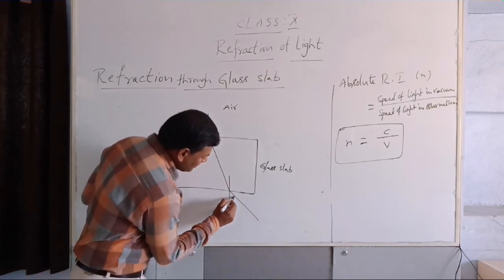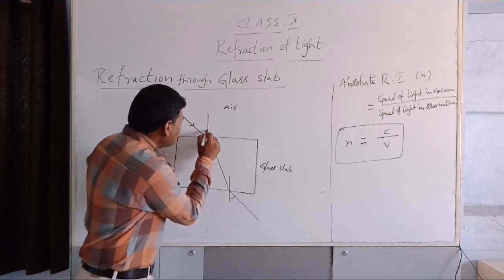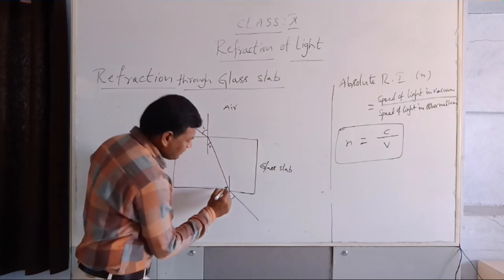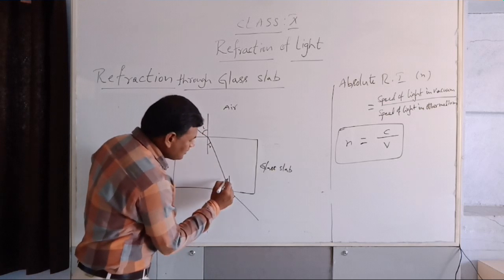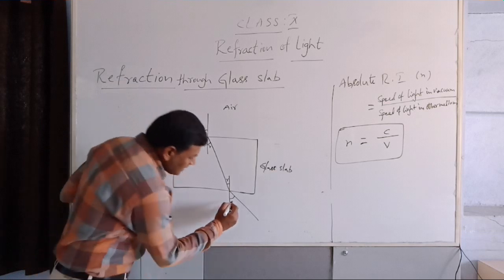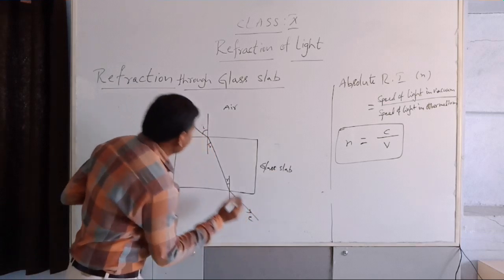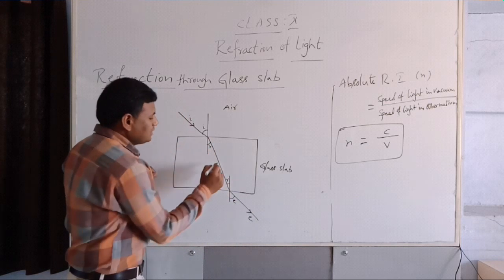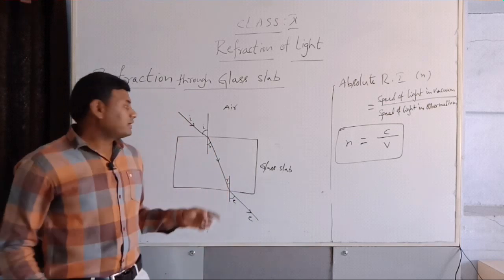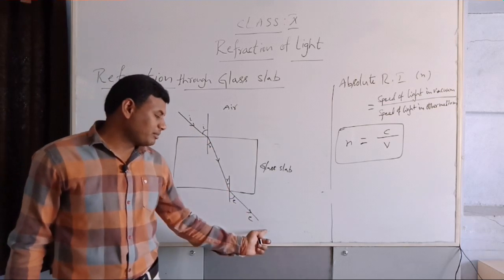So this is the angle of incidence I, and this is the angle of refraction. This angle we call the emergent angle, and this is the emergent ray E. This is the incident ray, this is the refracted ray, and this is the emergent ray.